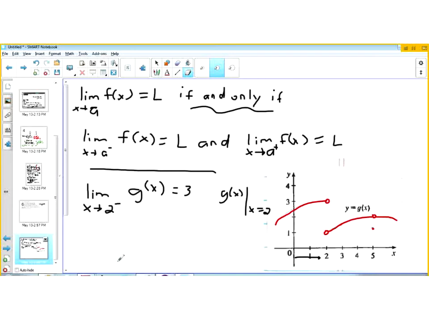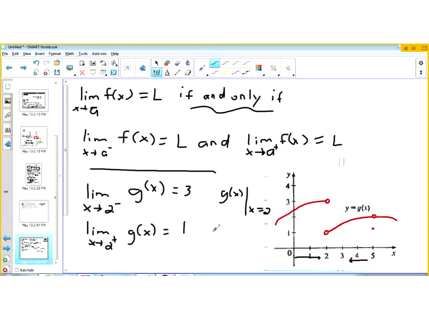Now, how about the limit as x approaches 2 from numbers bigger than 2 of g of x? Well, that can be obtained by just walking along the graph. So we walk along the graph in this direction, and we note that the output gets closer and closer to 1.